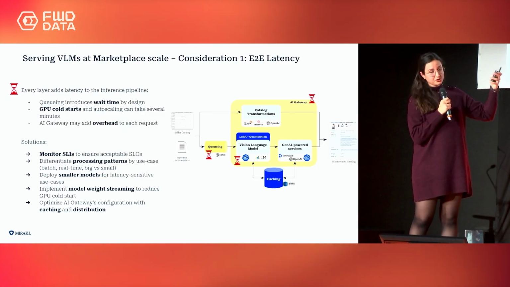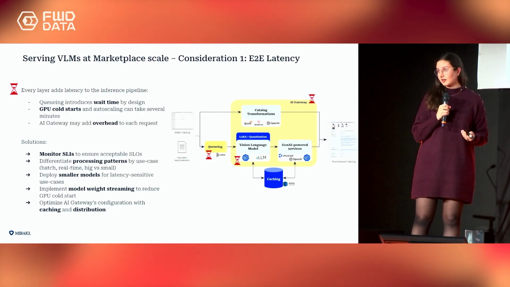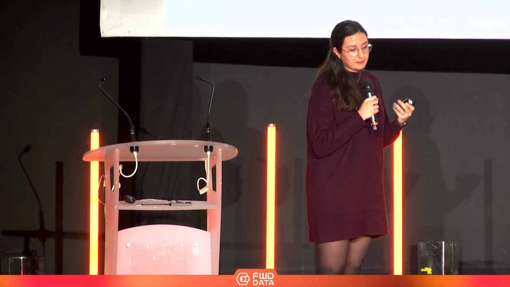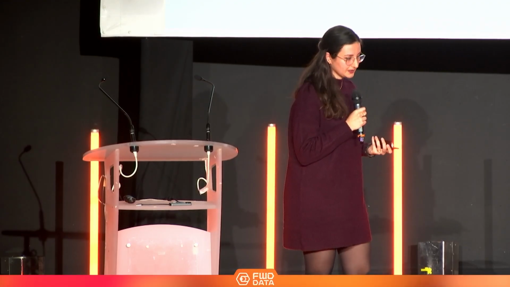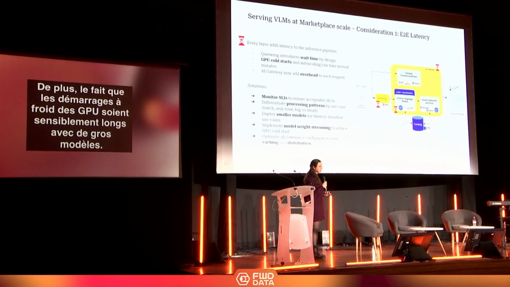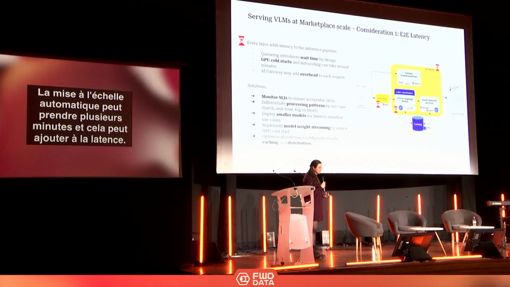Queuing introduces a wait time by design, because we're making the request just wait. Also GPU cold starts are noticeably long with big models, so auto-scaling can take several minutes, and this can add to the latency. Plus, our tests have shown that AI gateways may add overhead to each incoming request.